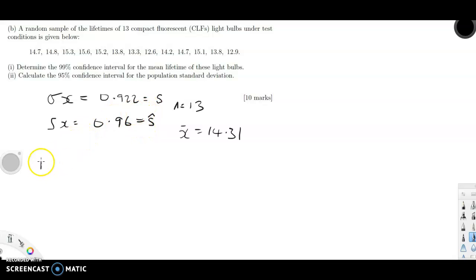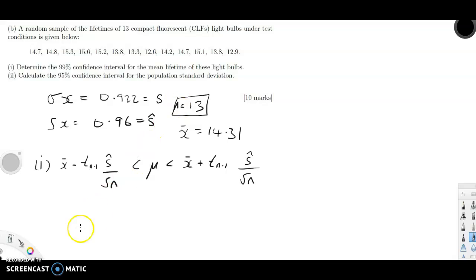For part 1 then, the formula we're going to use is: the population mean is greater than x bar minus t, with n minus 1 degrees of freedom, times s hat over root n, and less than x bar plus t, the same figures really except with a plus in the middle, s hat over root n, and n there is 13.